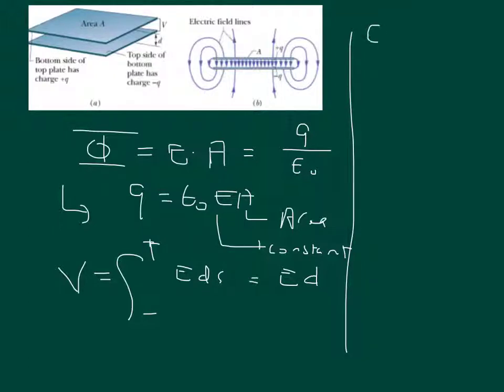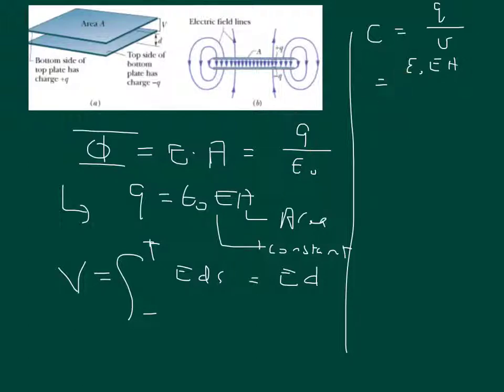If you can still remember, we defined capacitance as the electrical charge over the electric potential, C equals Q over V, which then equals epsilon naught times E A. And how do we get it?